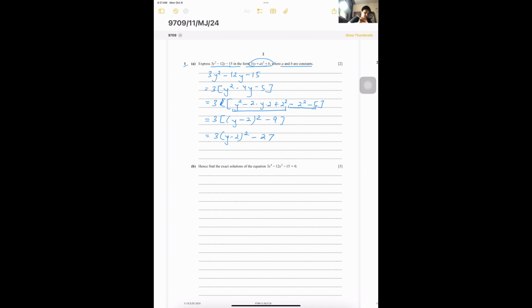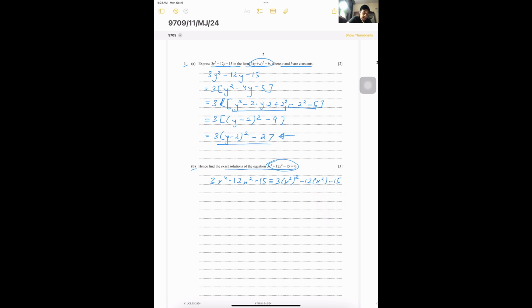So that is part 1. Part B, hence find the exact solutions of the equation this. So what we will do is we'll convert this into something like this form. What we'll do is 3x to the 4 minus 12x squared minus 15, and we will write this as equivalent to 3 times x squared whole squared minus 12 x squared minus 15.